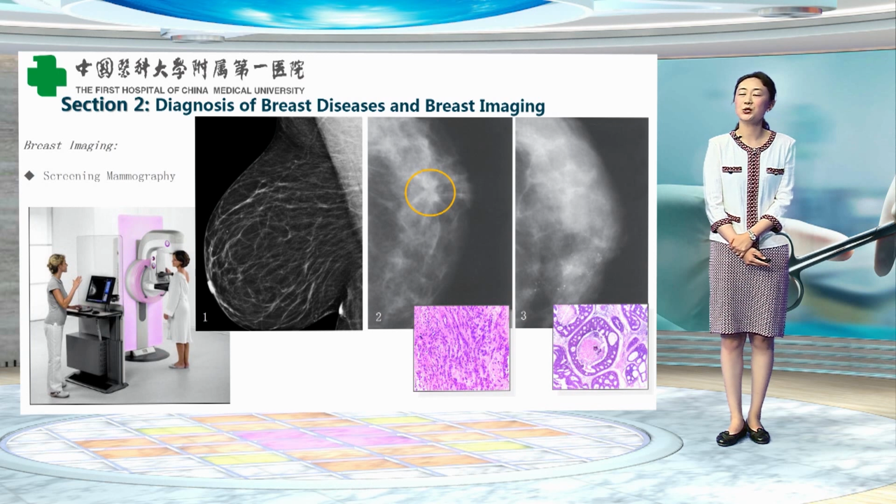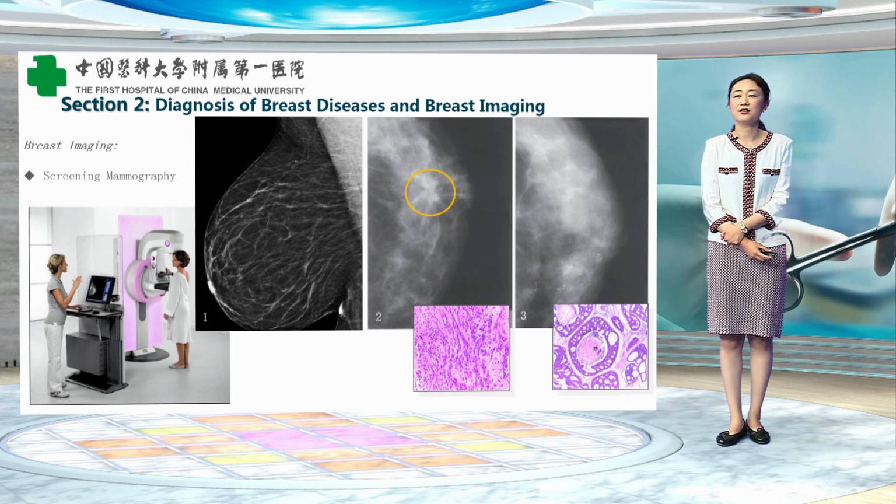We can see the involution of the breast, only some connective tissues scattered in the breast, and the breast is replaced mostly by the adipose tissues. It is a normal, healthy breast. There's no tumor or lesions.